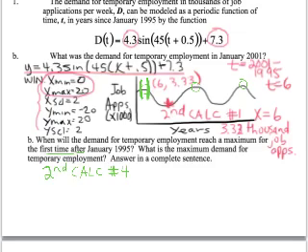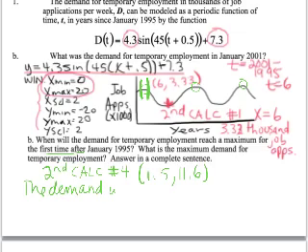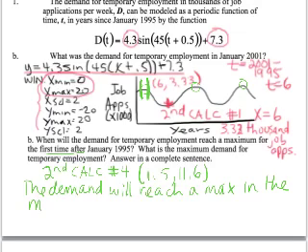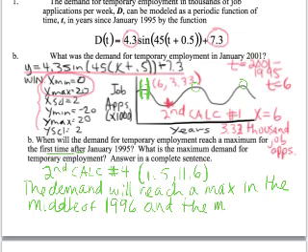So now it's time to answer the question: the demand will reach a max in the middle of 1996, since it was 1.5, and the max demand is 11.6 thousand job applications.